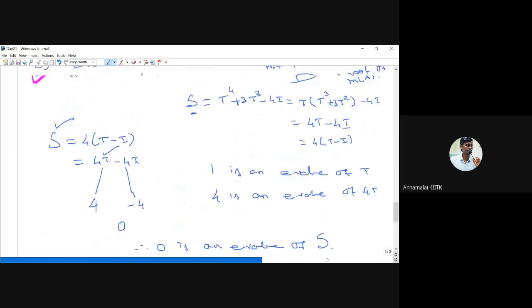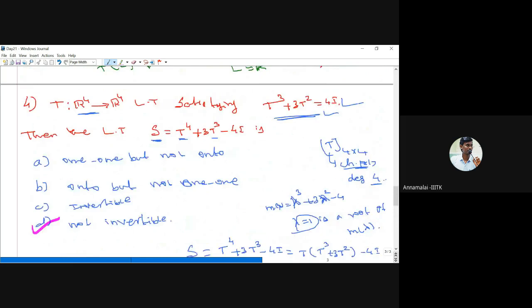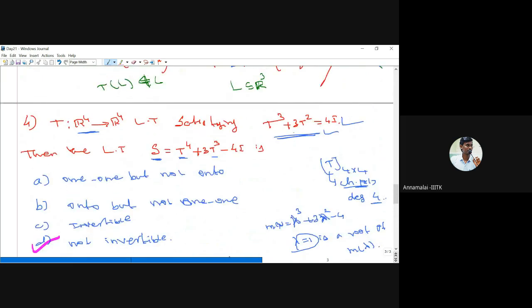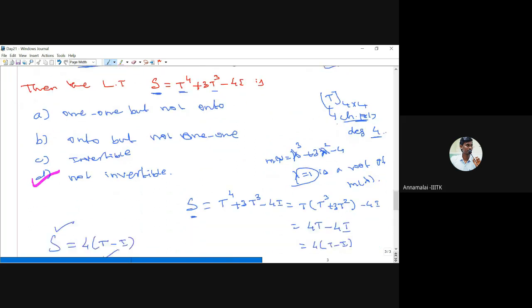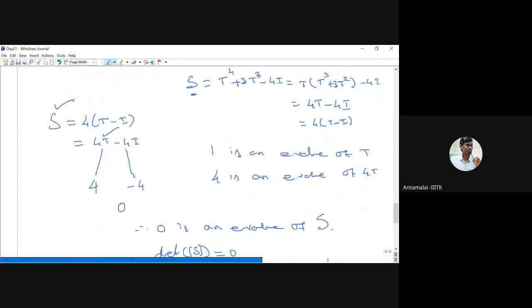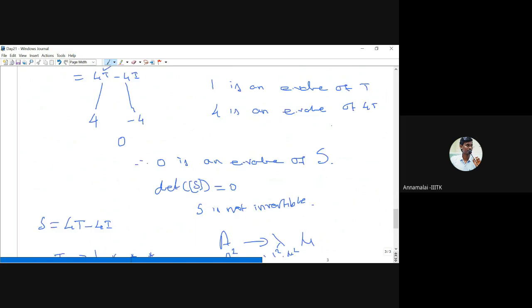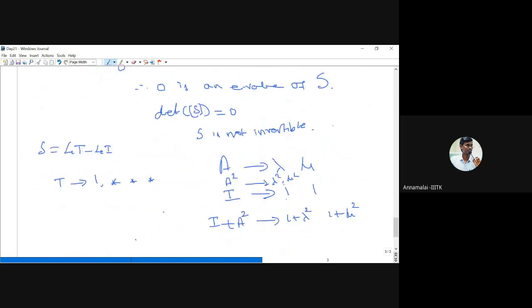Because if we substitute, the condition is satisfied, therefore lambda equal to 1 is one of the eigenvalues for T. Now I take the eigenvalues of T as 1, star, star, star. Star may be anything.